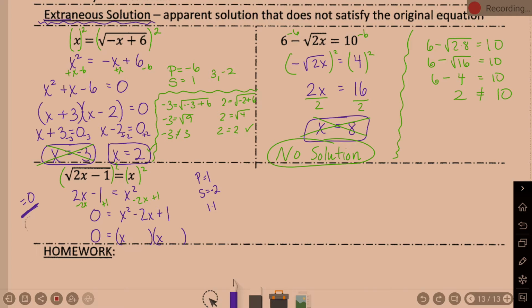The only option here is 1 times 1. If it multiplies to be 1 and it's positive, how do we get it to add to be a negative? They're both negative. So -1, -1.